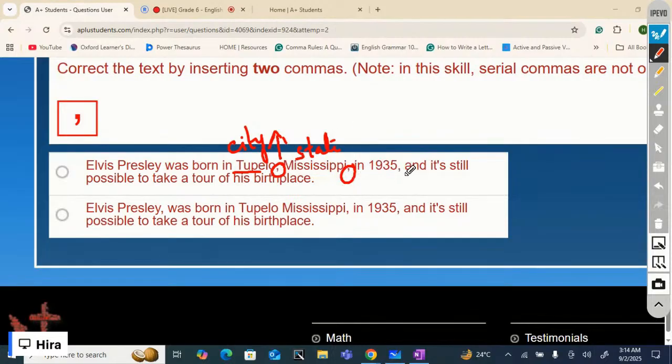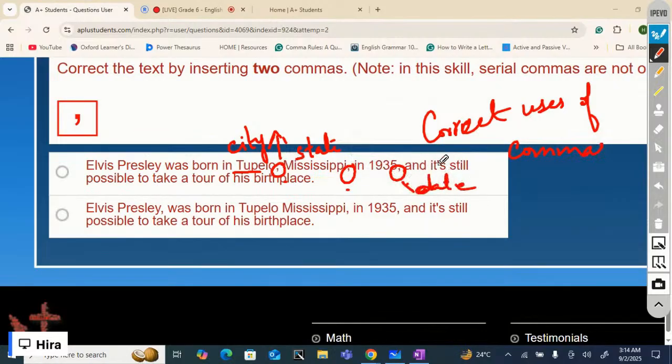And we know that we use the comma after the year as well if it doesn't end the sentence. So these three are correct uses of comma: after the city, after the state because it doesn't end the sentence, and after the date because it doesn't end the sentence.